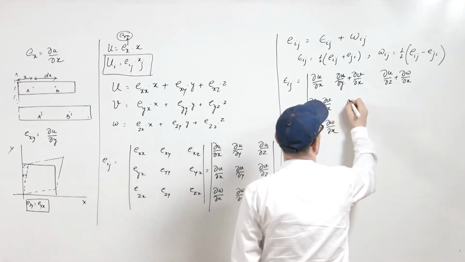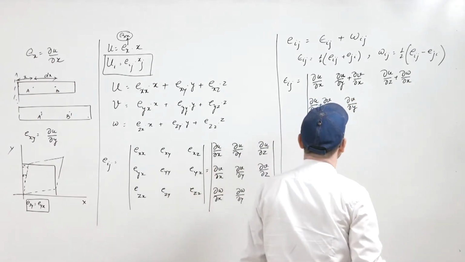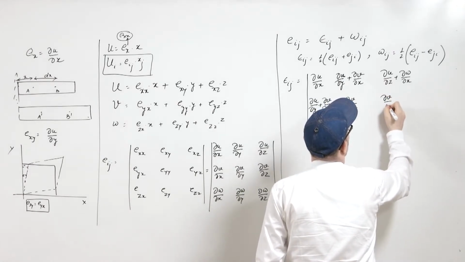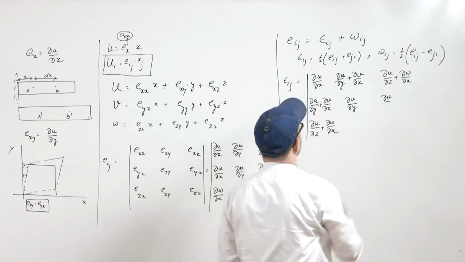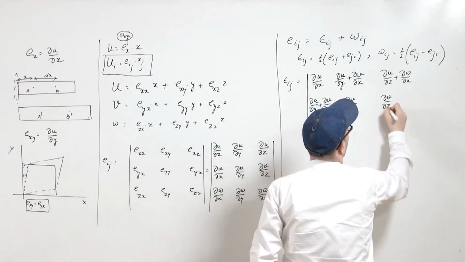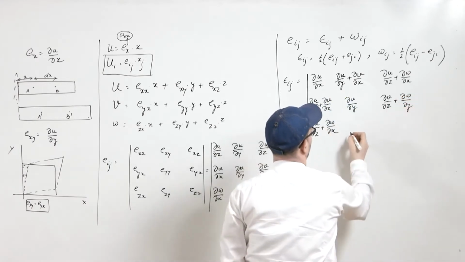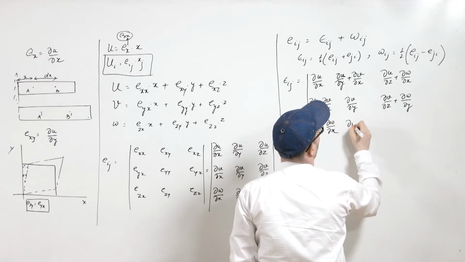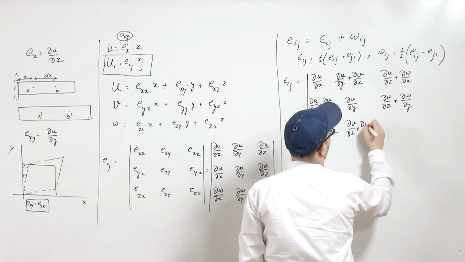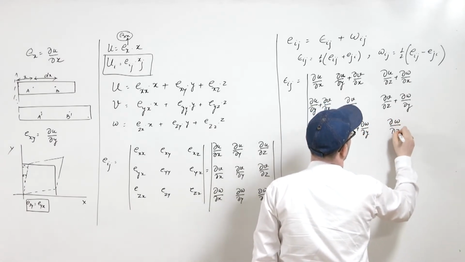Further, this term will be dou v by dou y, and then dou v by dou z plus dou w by dou y. That term will come here, dou v by dou z plus dou w by dou y, and this will be dou w by dou z.